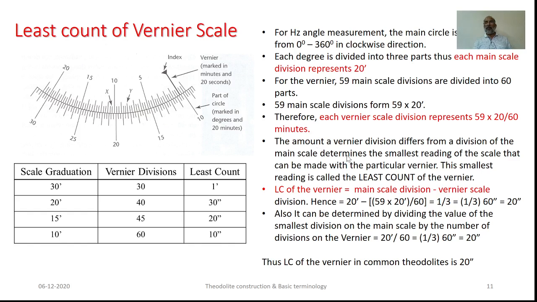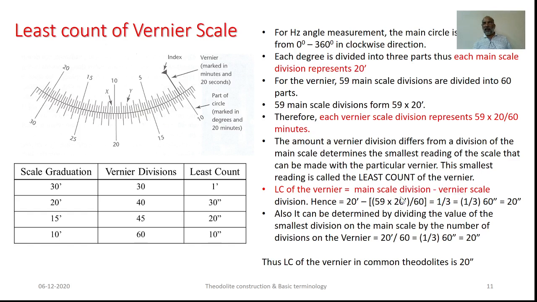The amount a vernier division differs from a division of the main scale determines the smallest reading of the scale that can be made with the particular vernier. The smallest reading is nothing but the least count of that particular vernier. As such, least count of the vernier can be presented as main scale division minus vernier scale division.